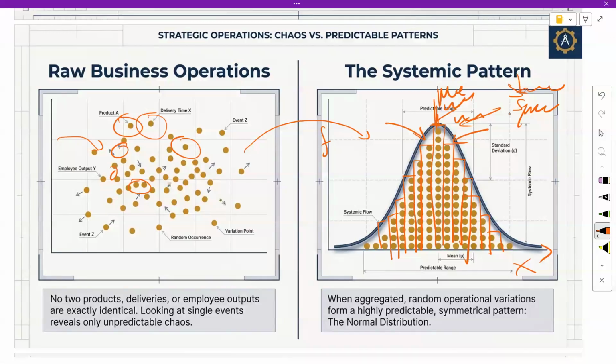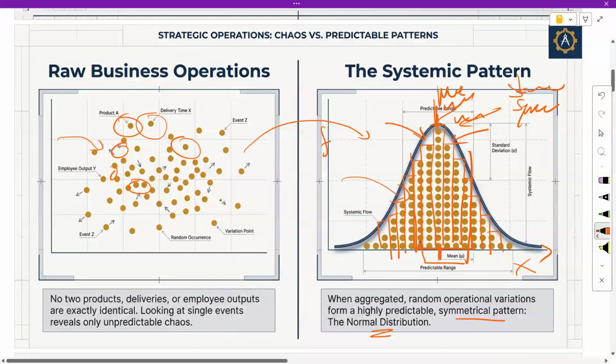Here, aggregated random operational variations form a highly predictable symmetrical pattern; the normal distribution has this property. Look here, most of the observations are at the center. This is the mean.